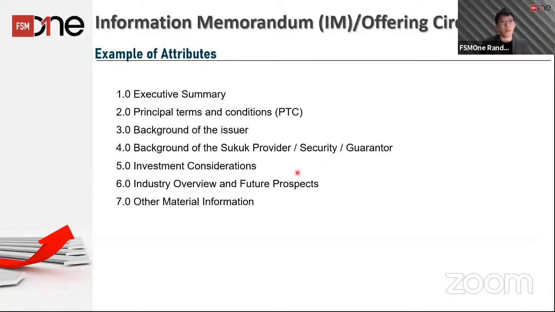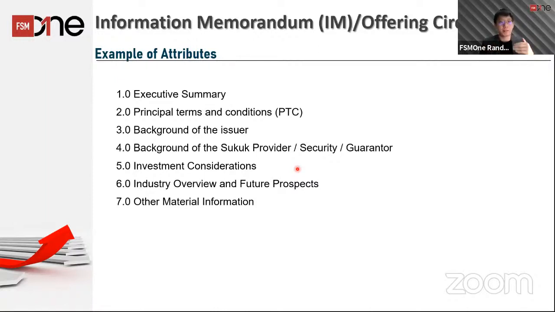Okay, and the next section is called investment considerations. It's the material information related to the company and the company's course of business. Examples would be the potential business risks, the ownership profile, and the suitability profile for you to make further reference.